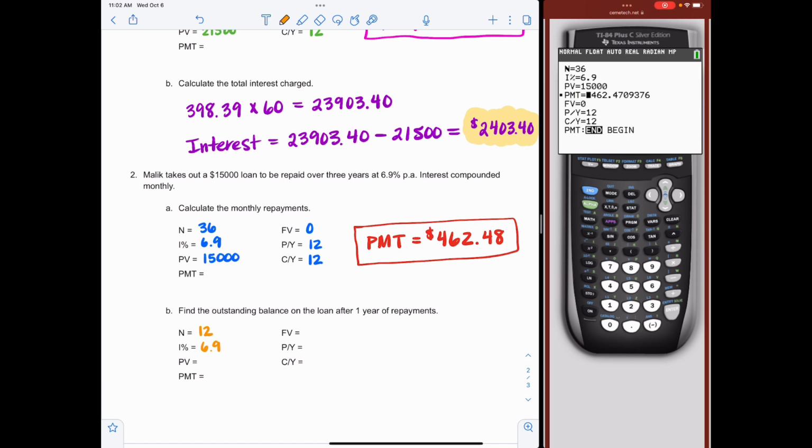The present value of the loan is $15,000. We already know that our payment is $462.48. So remember, your payment is how much money you're spending. So we're going to put that as negative because that's money going out. So we got negative 462.48.